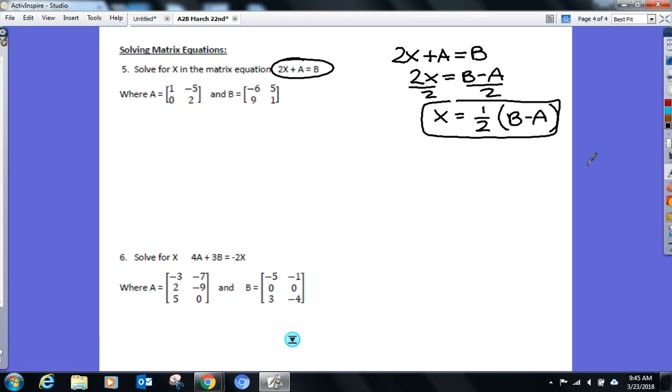So solve it for x before you touch any of the matrices. So here we go. Let's do b minus a right now. Can you give me the new matrix now? B minus a. -7.